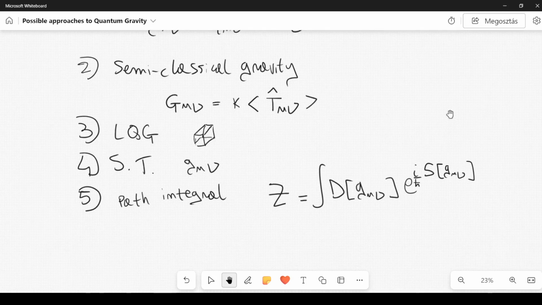Now, another possibility is formally that of canonical quantum gravity. Let me just mention it here as a sixth point, but actually this is also related to loop quantum gravity. It is connected to that, and in fact, in the course on loop quantum gravity, I also deal with a part of this problem because this is a very large, a very broad topic, that of canonical quantum gravity.